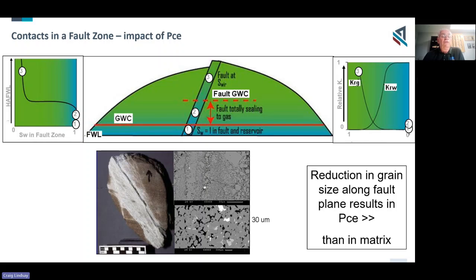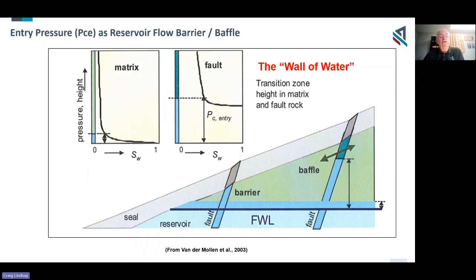The water saturation in the fault zone is high. It's very difficult for hydrocarbon to cross that, and effectively it's created a baffle or a barrier in the reservoir, not down to shale or the fault itself, but down to the fact that the grain size has been reduced and the entry pressure has increased.